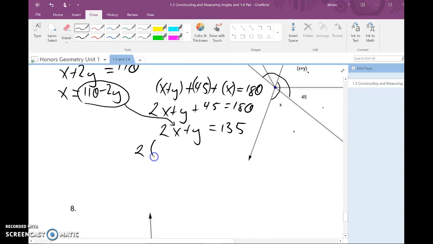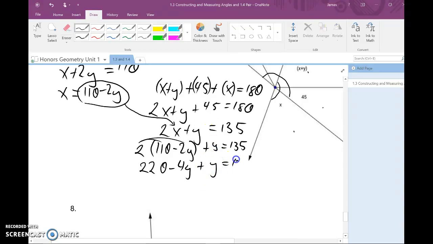So I have 2 times my parentheses, 110 minus 2y, plus y equals 135. Okay. And from here, it's up to you how you want to do it, but I'm going to go ahead and distribute the 2 to both these terms inside here. So I end up with 220 minus 4y plus y equals 135.